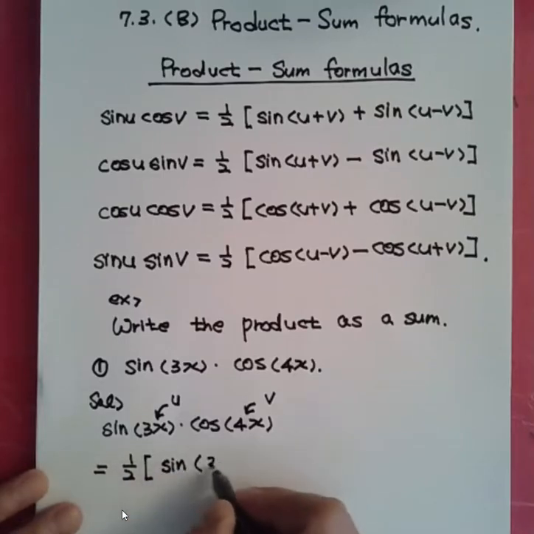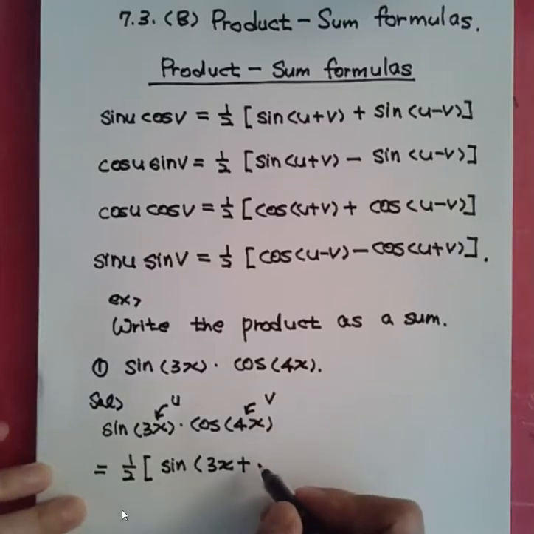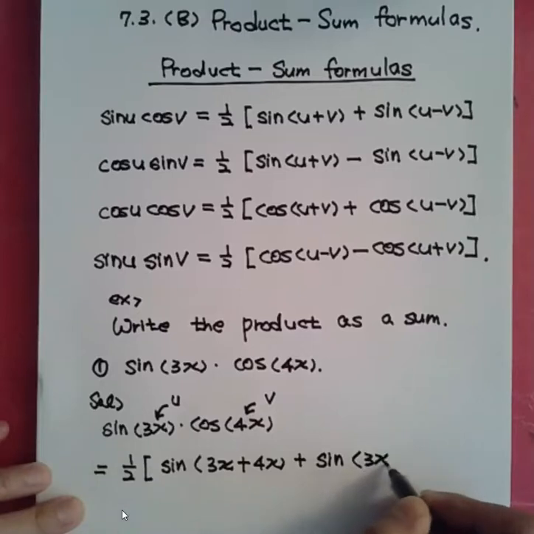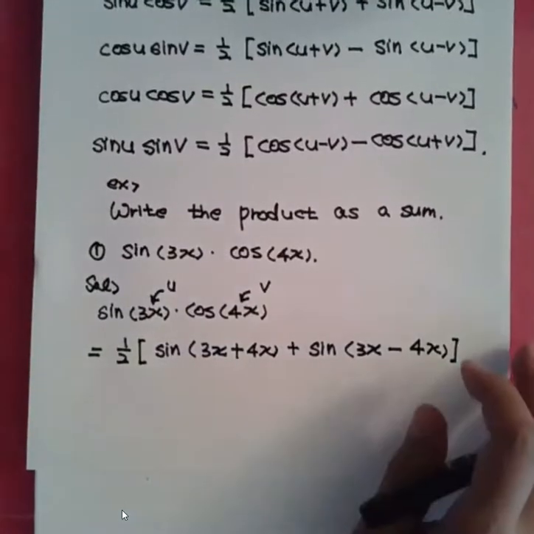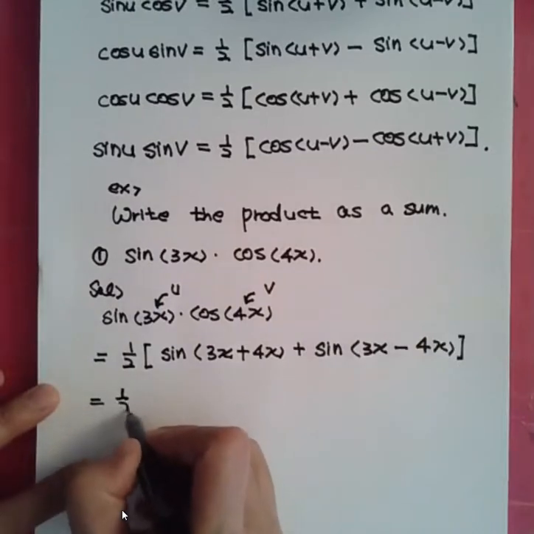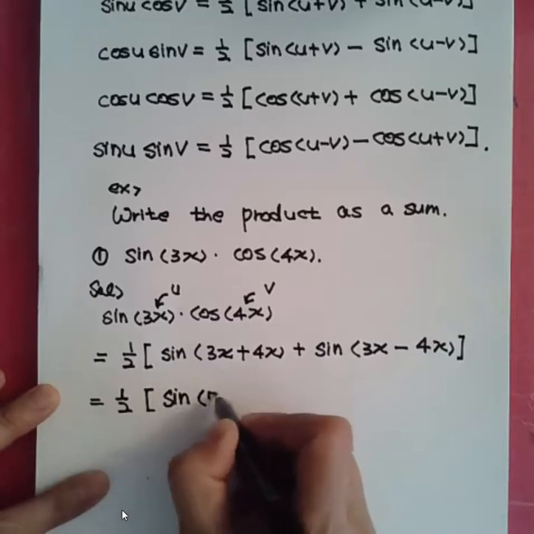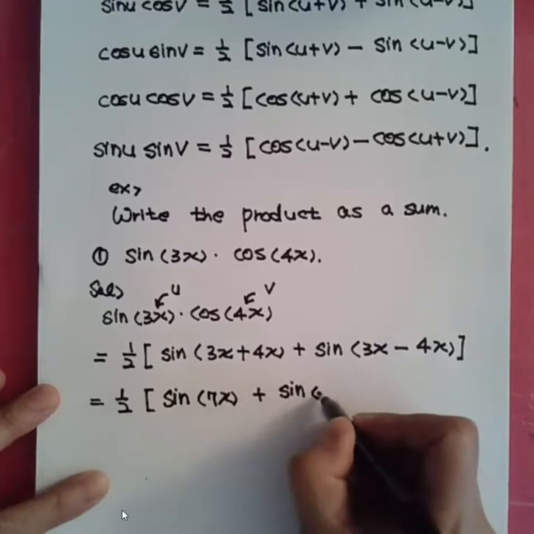Sine of u, which was 3x, plus v, which was 4x, plus sine of u, 3x, minus v, 4x. Then we will simplify to finish the problem. 1 over 2 sine of 7x plus sine of minus x.